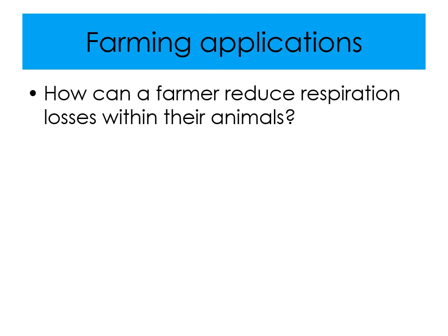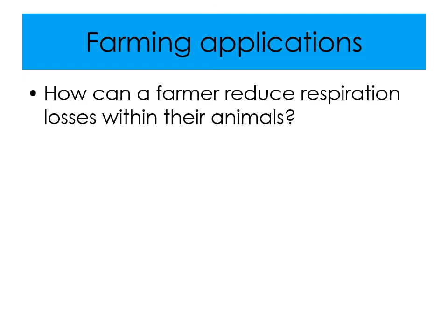So what I want you to do now is to think about how a farmer reduces respiratory losses in their animals. We've already thought about how farmers increase yield of crops. So this is really thinking about improving energy transfers for animal species in meat production in farming.